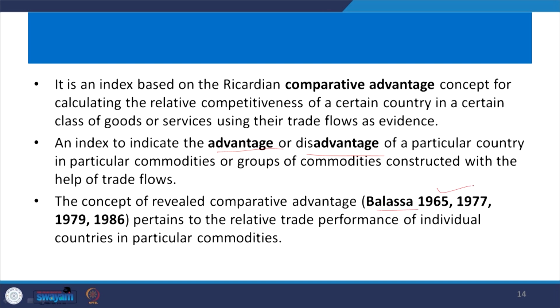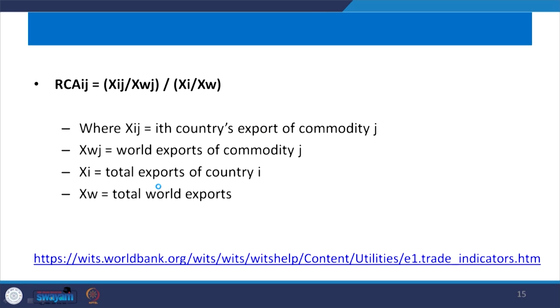Balassa's different papers capture different examples, but we are now interested in explaining a particular group of countries, that is ASEAN countries: Thailand, Hong Kong, Singapore, Vietnam. Those countries are being explained right now.